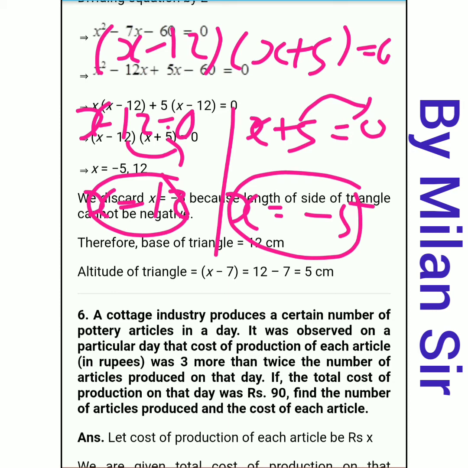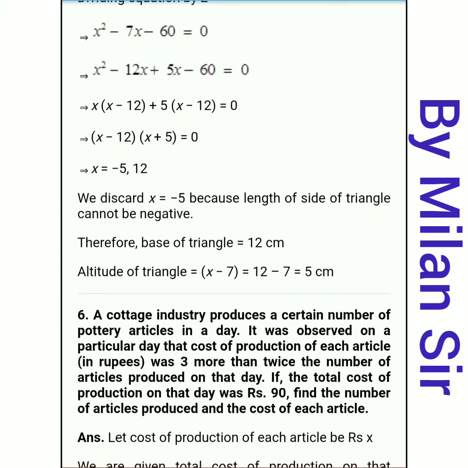Base of triangle cannot be negative. It is always positive. It is one side of triangle, so it cannot be negative. That means x is equals to minus 5 is not possible. So we need to write here x is equals to minus 5 is not possible because length of the side of triangle cannot be negative. So our second value x is equals to 12.